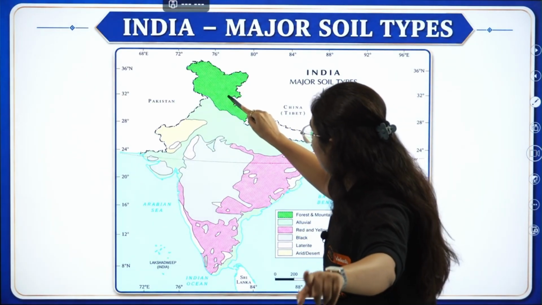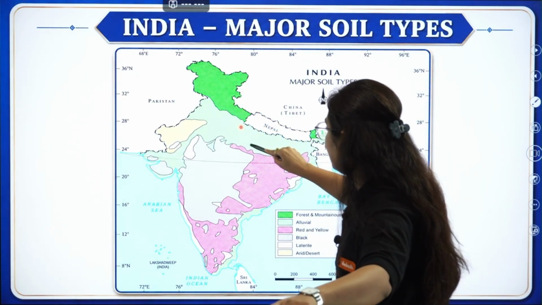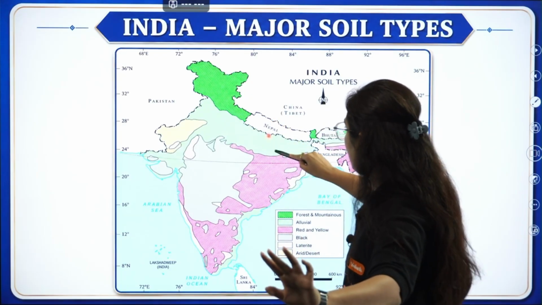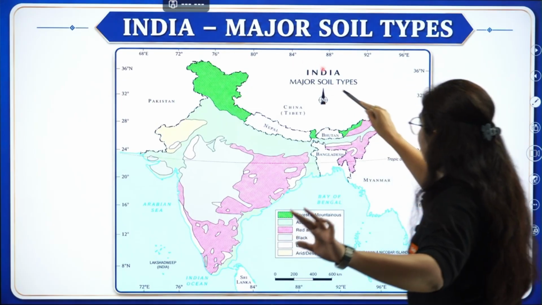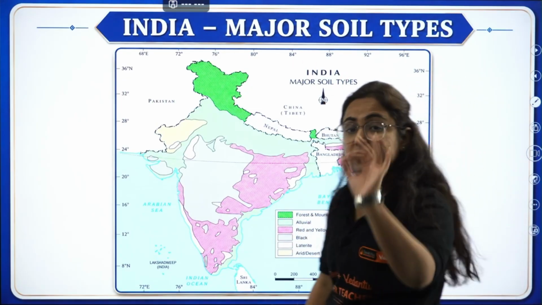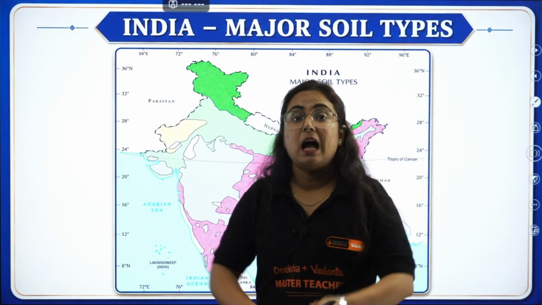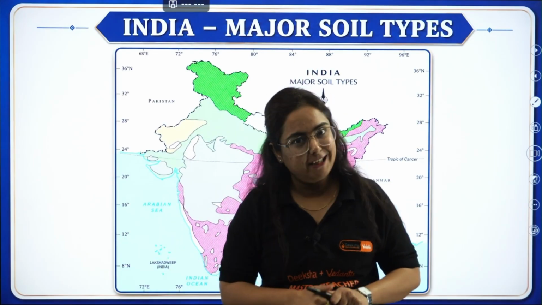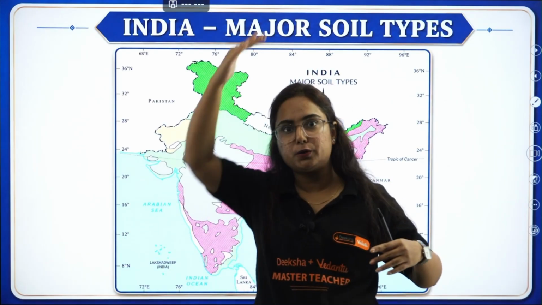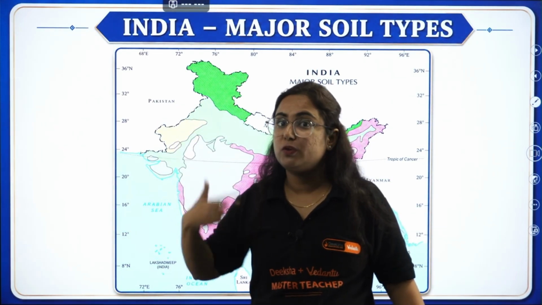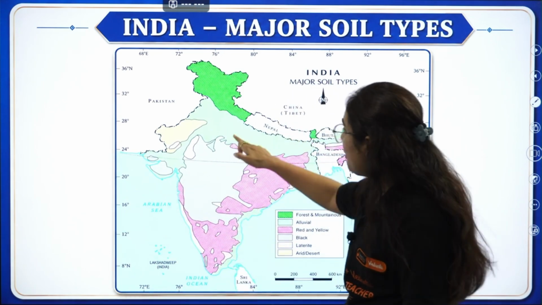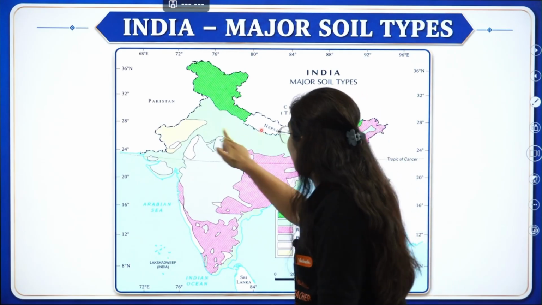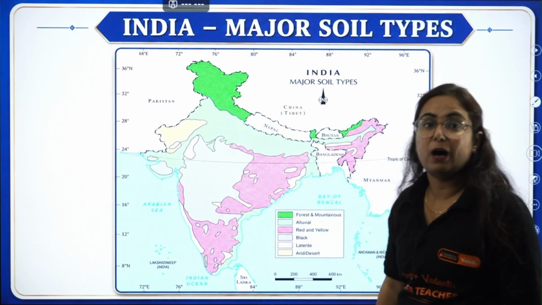Here in the north come the rivers Ganga and Yamuna, the Indus river, and then the Brahmaputra river. These major rivers brought down sediments along with them. Over the long passage, sediments mixed with nutrients, humus, fossils, etc. get deposited and form the fertile soil of India, that is alluvial soil.